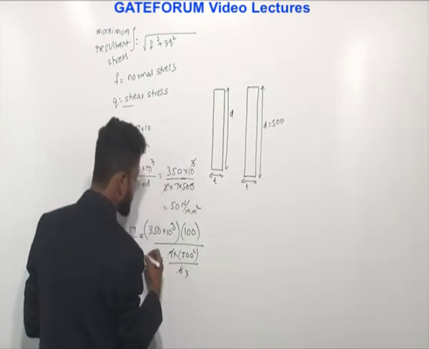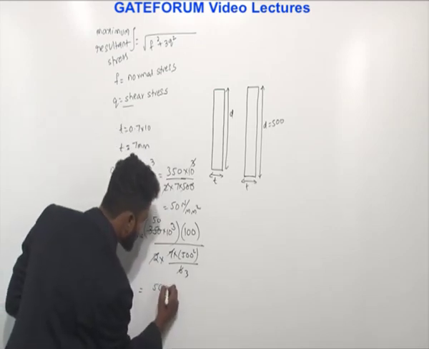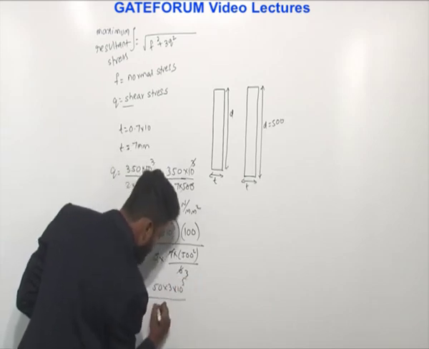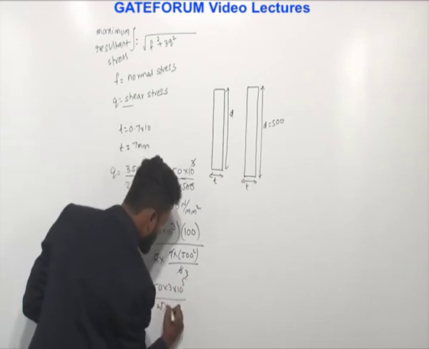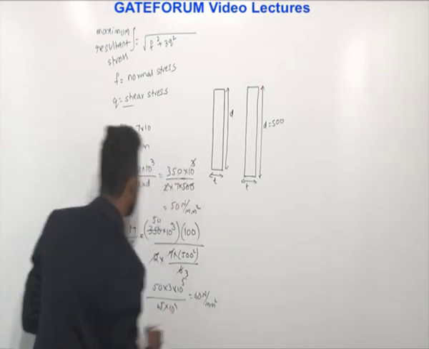So approximately this would be 50 into 3 into 10 to the power of 5 by 25 into 10 to the power of 4. This is equal to 60 Newton per mm square.